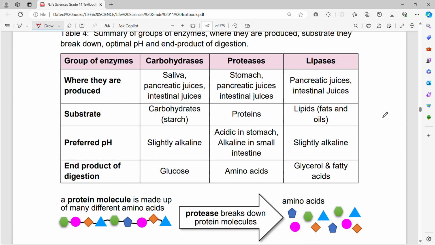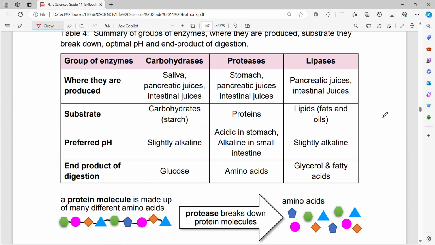Okay, so here is a summary of a group of enzymes, where they are produced, the substrate they break down, the optimal pH, and the end product of digestion. Now, the groups of enzymes in the digestive system are carbohydrases, proteases, and lipases. Carbohydrases break down carbohydrates. Proteases break down proteins. Lipases break down lipids.